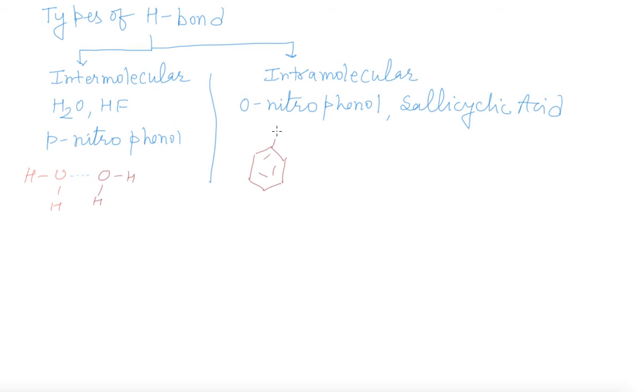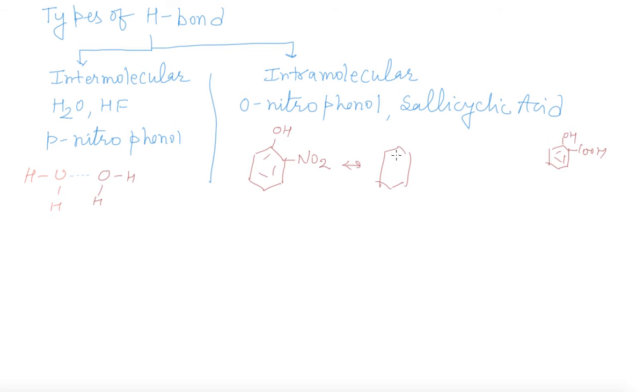Like I am taking orthonitrophenol, this is the orthonitrophenol. Look guys, and salicylic acid is also an example. What you come to know here is that this OH and NO2, its bonding goes in this way.